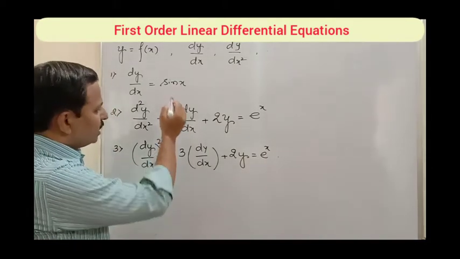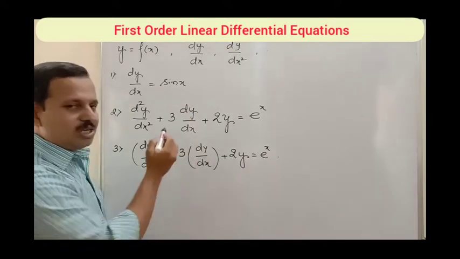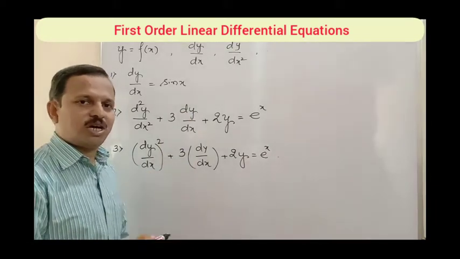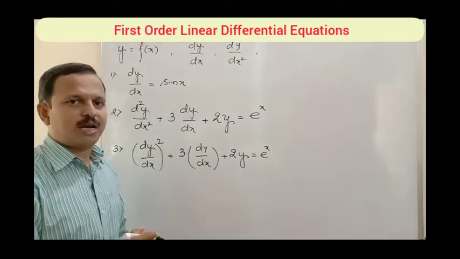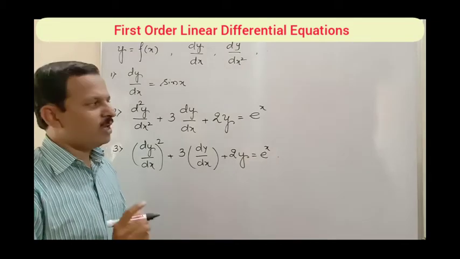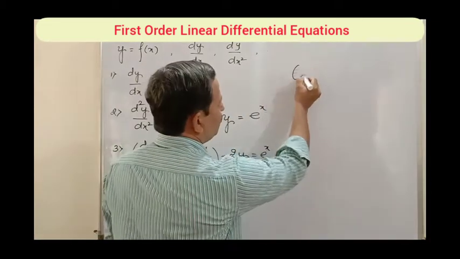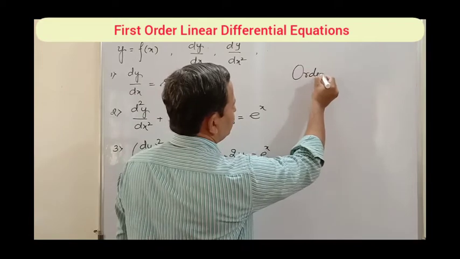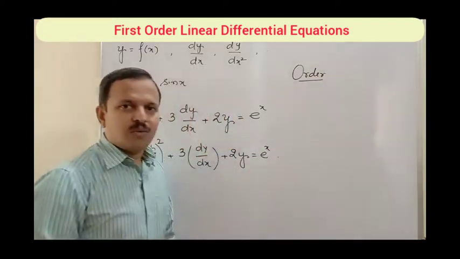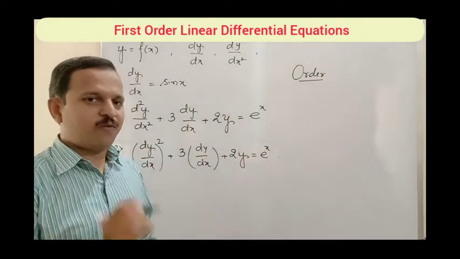With the definition in hand, now let us consider two important concepts related to differential equations. The first one is the order of a differential equation. So what is meant by the order of a differential equation?